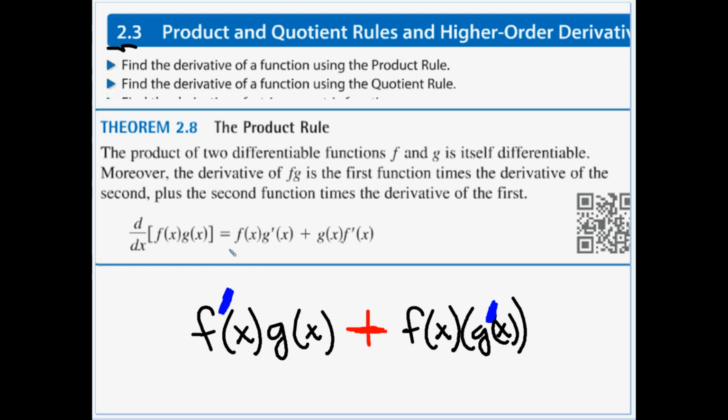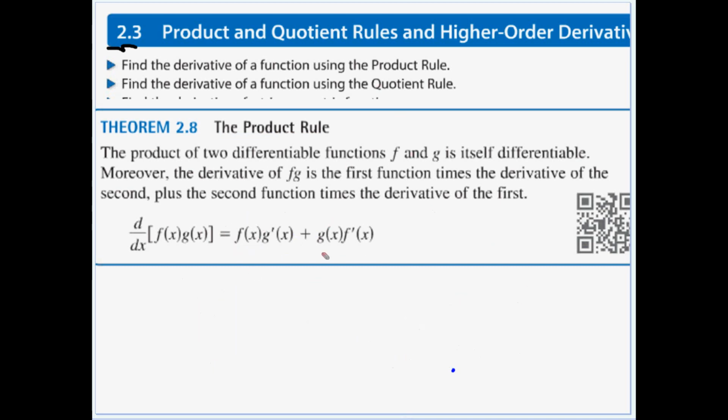Now notice it's sort of backwards from what the book has written here. The product rule is very forgiving due to this plus in between. It does not matter what order we add two things in, as long as we're adding them together. So here f is the derivative, g is left alone. Here g is the derivative, f is left alone.